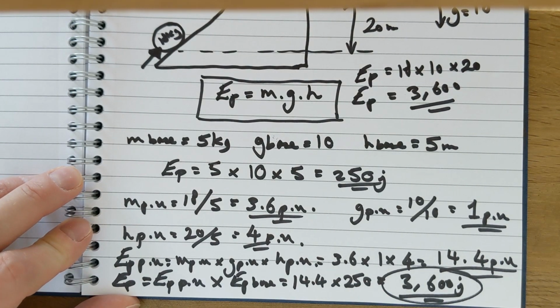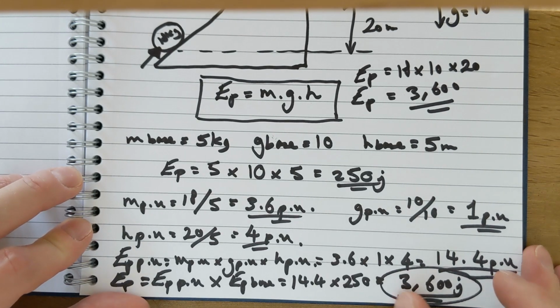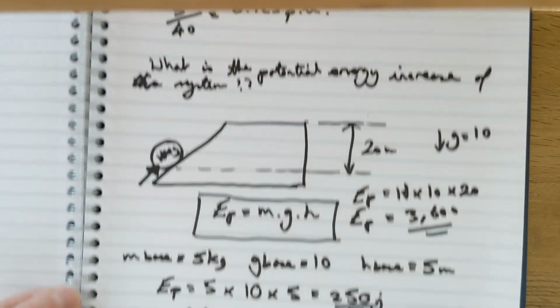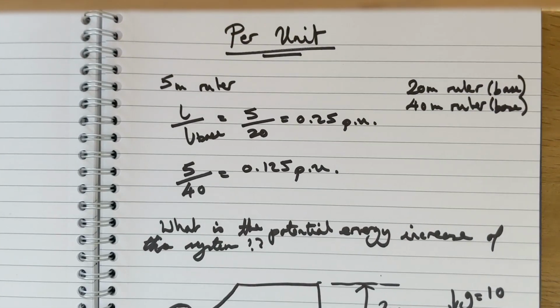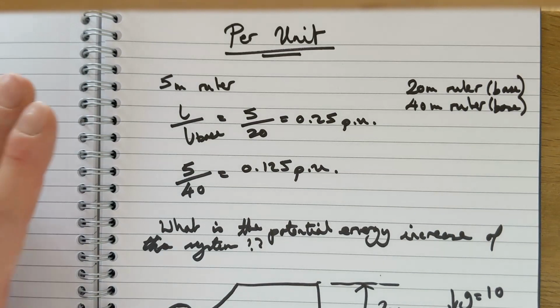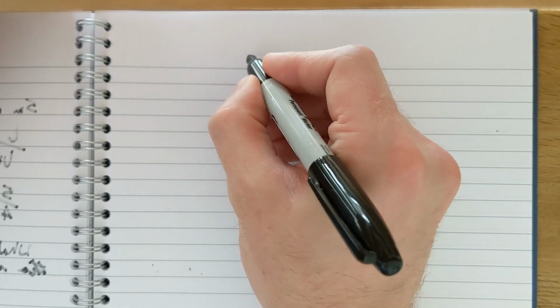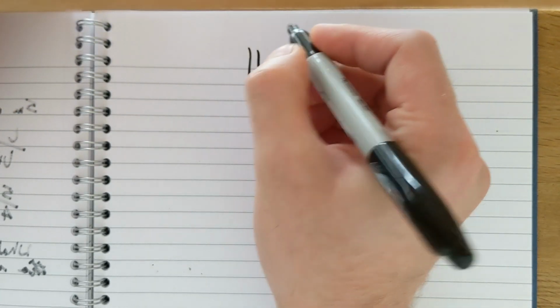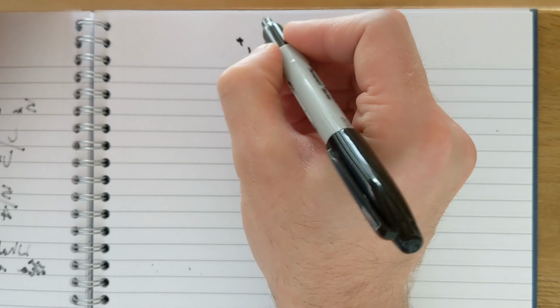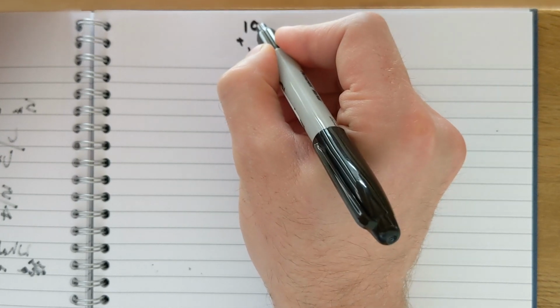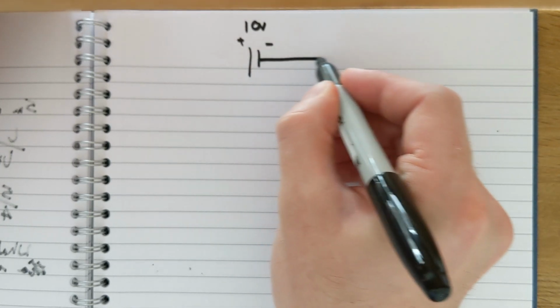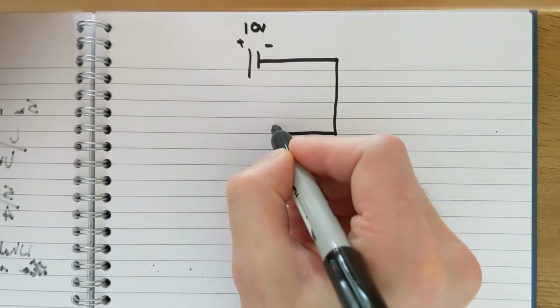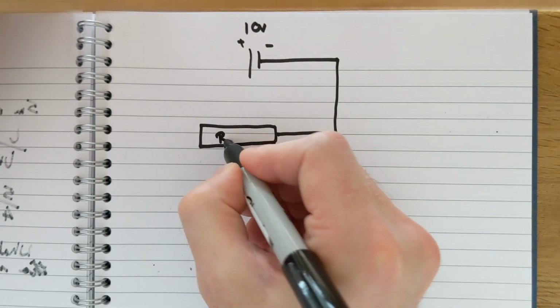We'll run through one more quick example, a simple DC electrical example, just to show you that this per unit way of working can be applied to any system. So let's say we had just a basic cell, a basic battery, of 10 volts, and an unknown resistor, which we can call R1.